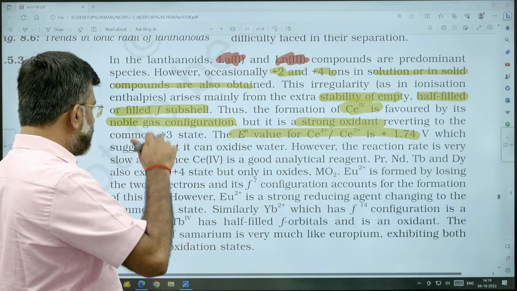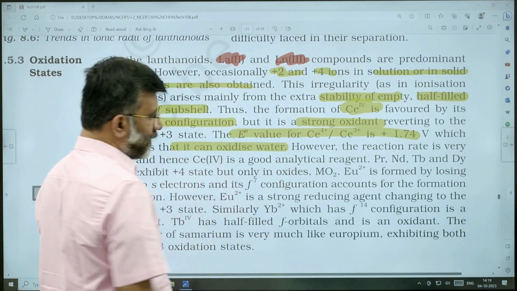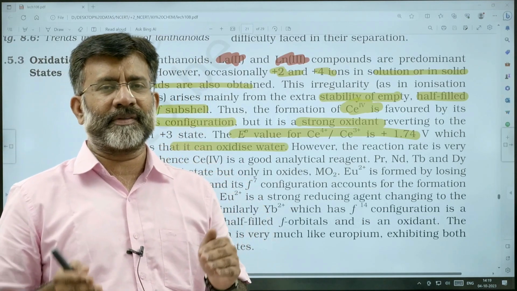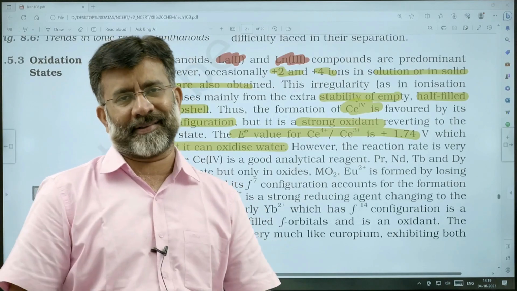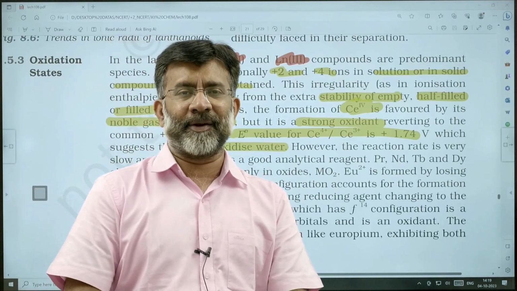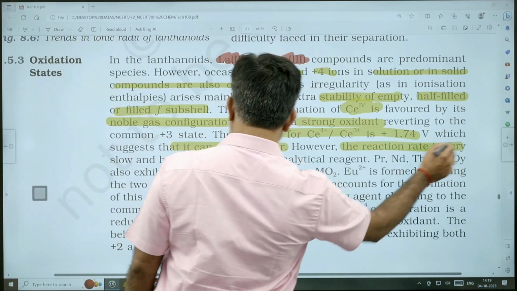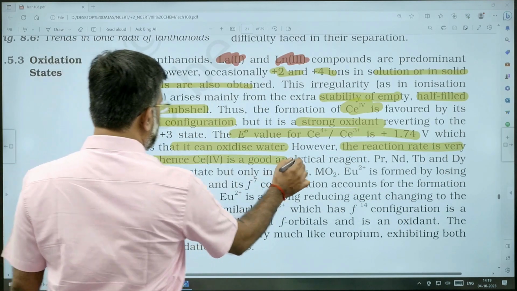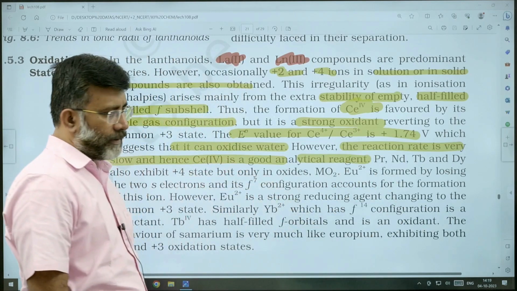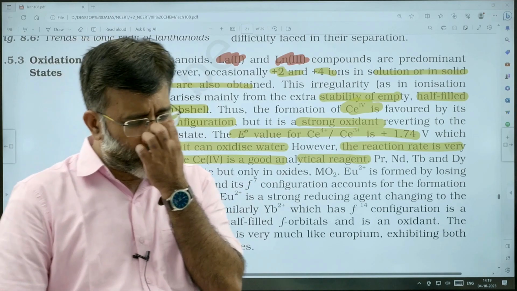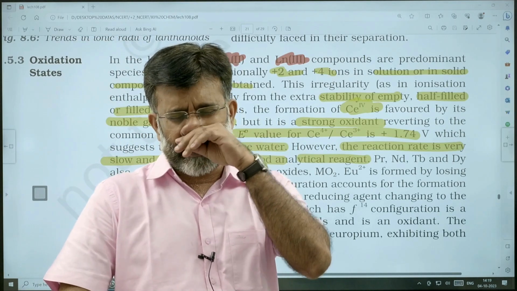And again, see that it can oxidize water. Theoretically, it suggests Ce4+ can oxidize water. However, the reaction rate is very slow and hence it is a good analytical reagent. Potential question: why does cerium 4 solution act as a good analytical reagent?